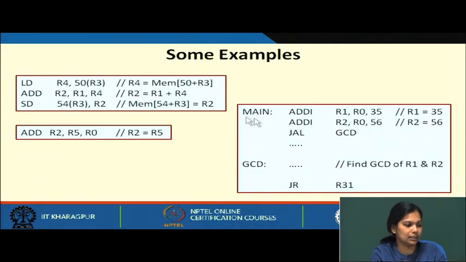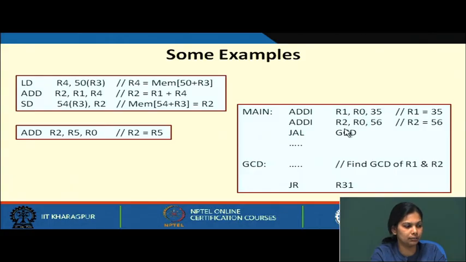Now, these are some examples, like we have a main code from where our execution starts, and then we have another subroutine. What happens here? This is an add immediate, we are adding this immediate value to R0, which is 0.